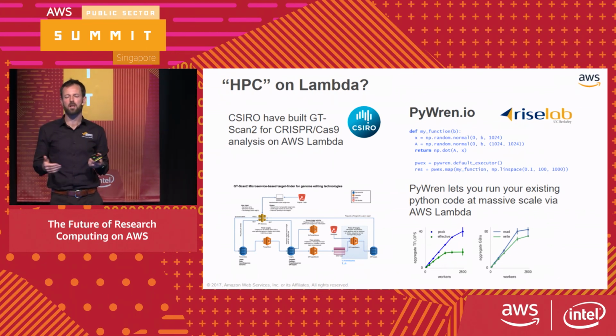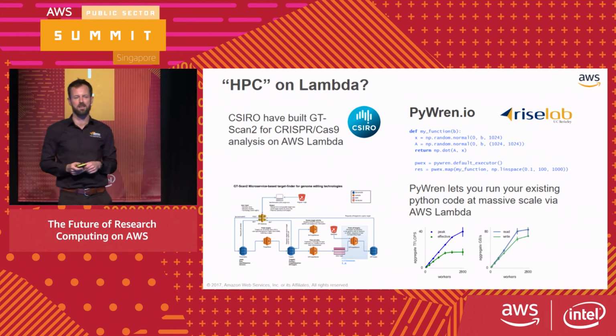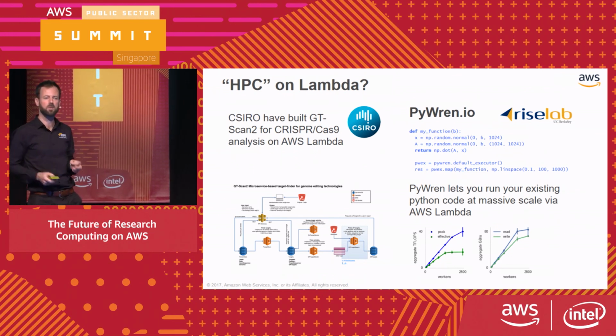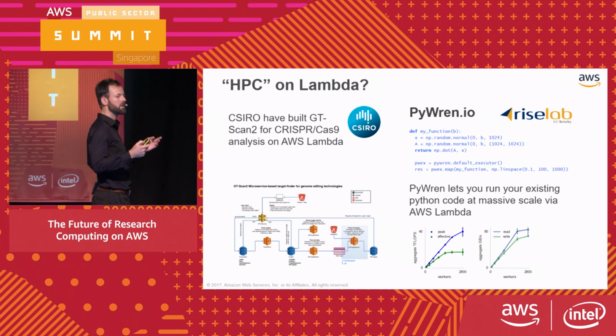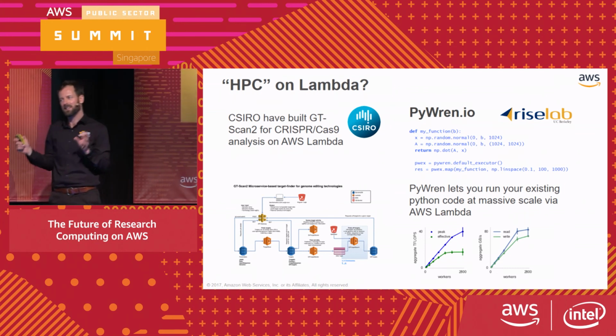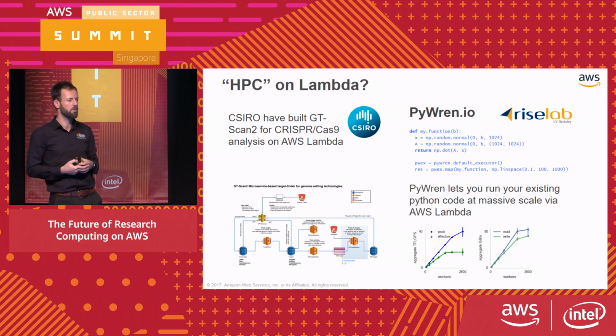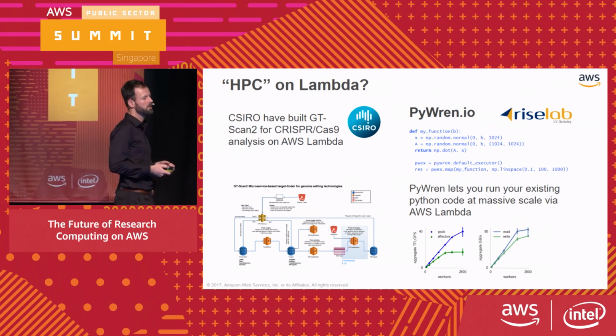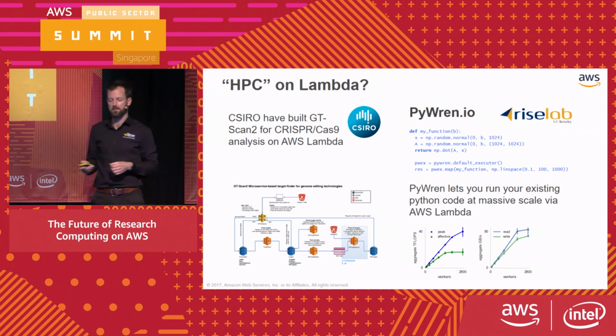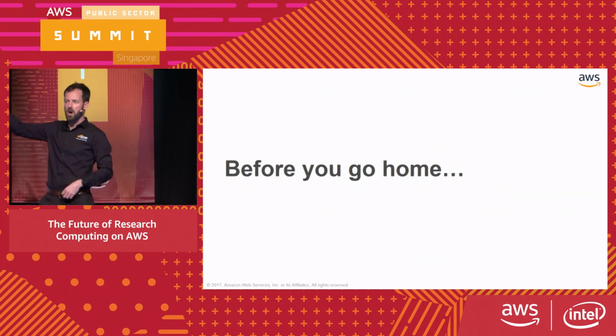That's getting close to a terabit throughput. That's serious throughput. I said S3 scales, it really does. So we do have customers doing this. It is real. It's not going to solve all your problems, but there is a class of problems where Lambda can make some of your compute challenges as a researcher tractable and lower the cost at the same time.